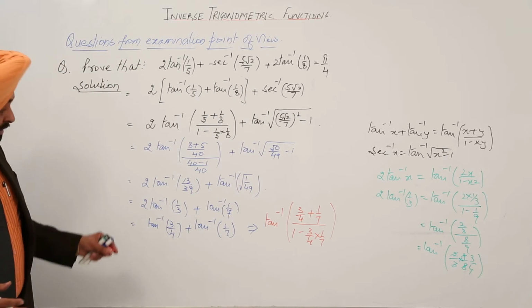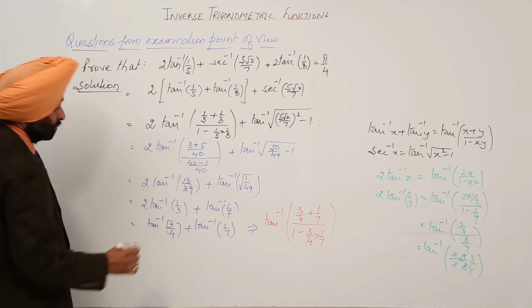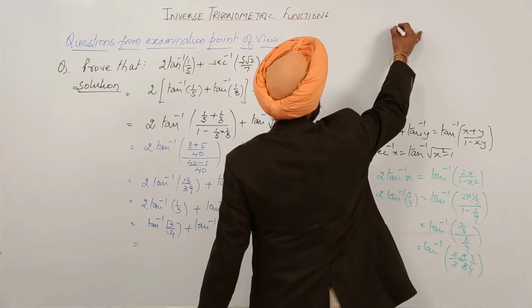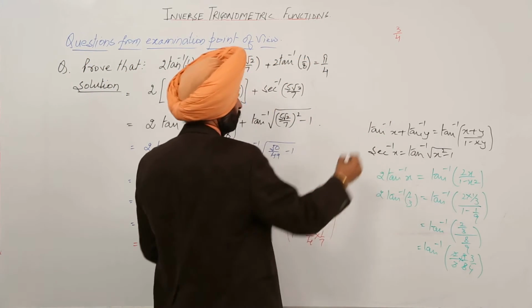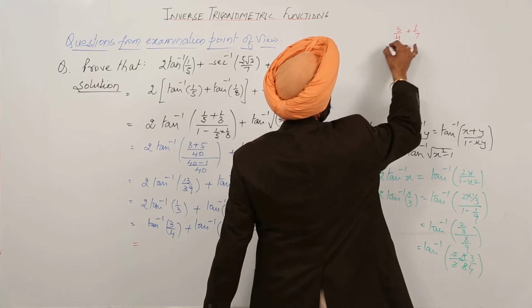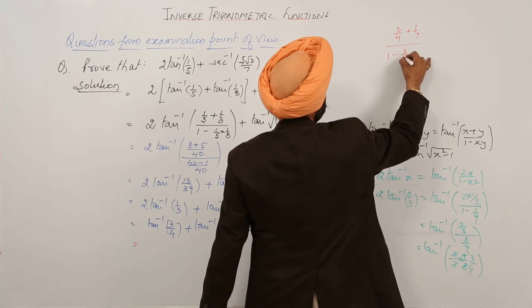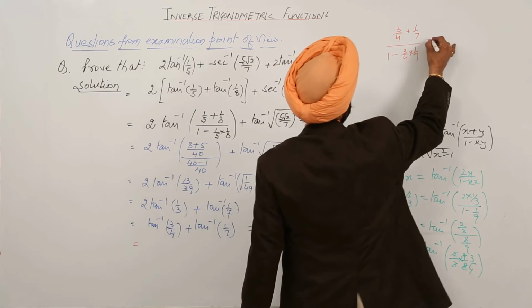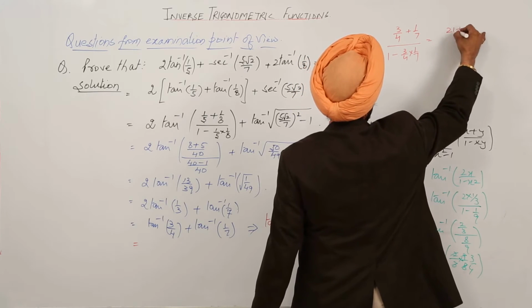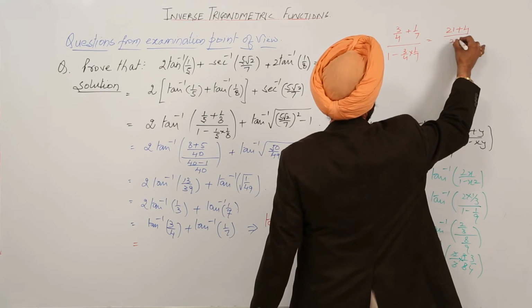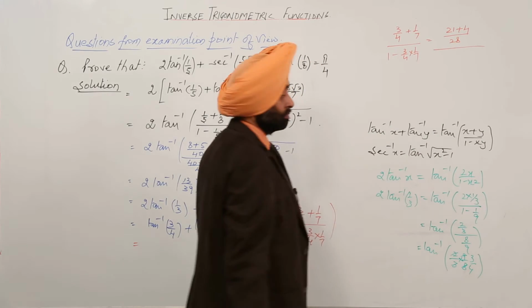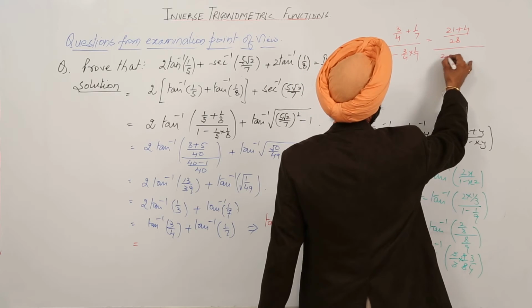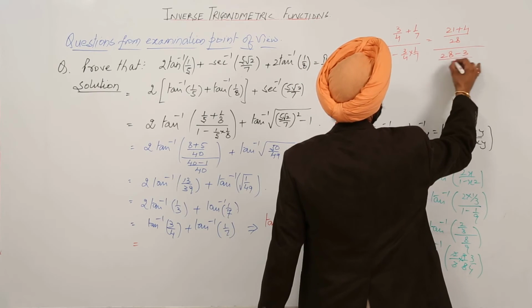Okay, so let's check what we are getting for this part. It becomes 21 plus 4 upon 28, simple calculation, upon 28 minus 3 upon 28.